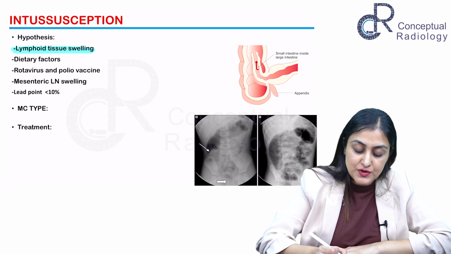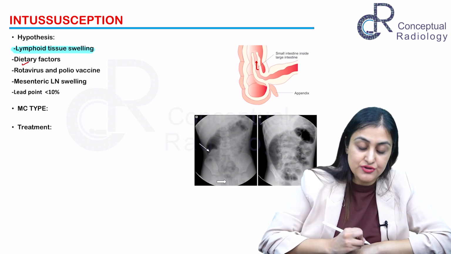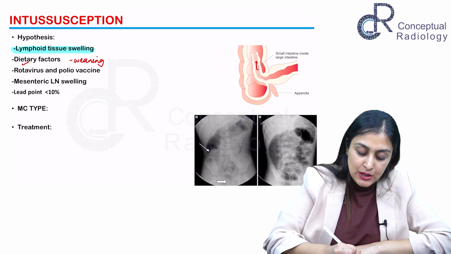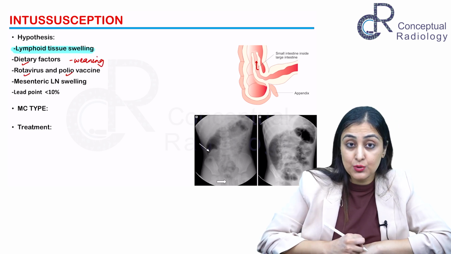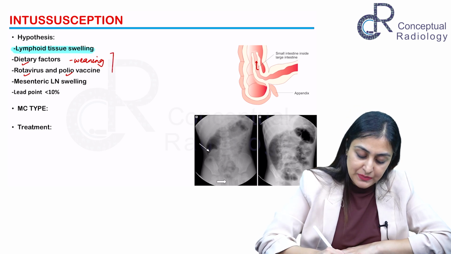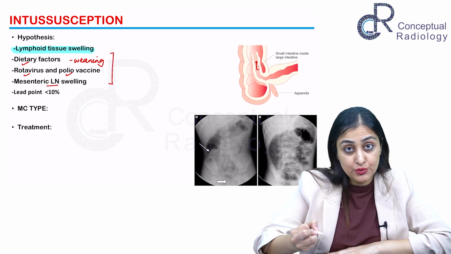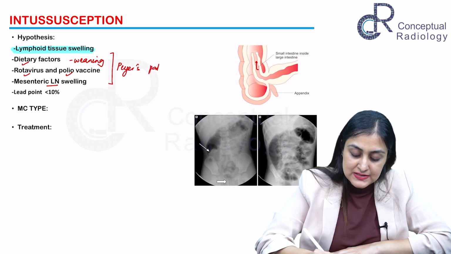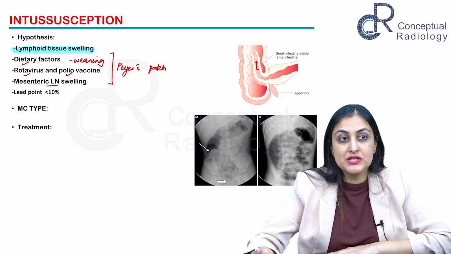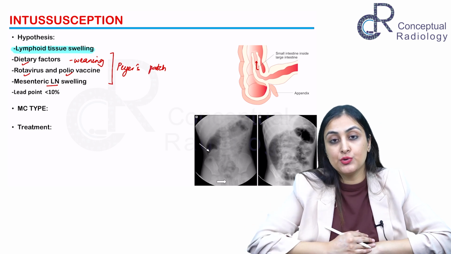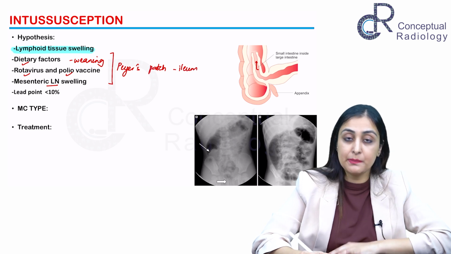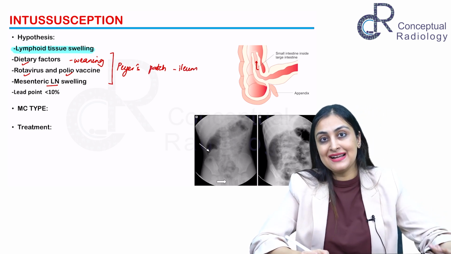Around 6 to 8 months, because of dietary factors, as weaning happens around this time, or various vaccines like rota and poliovirus, the mesenteric lymph nodes swell up. In addition, Peyer's patches, which are mucosa-associated lymphoid tissue present in the distal ileum, swell up, and this tends to act as a lead point.